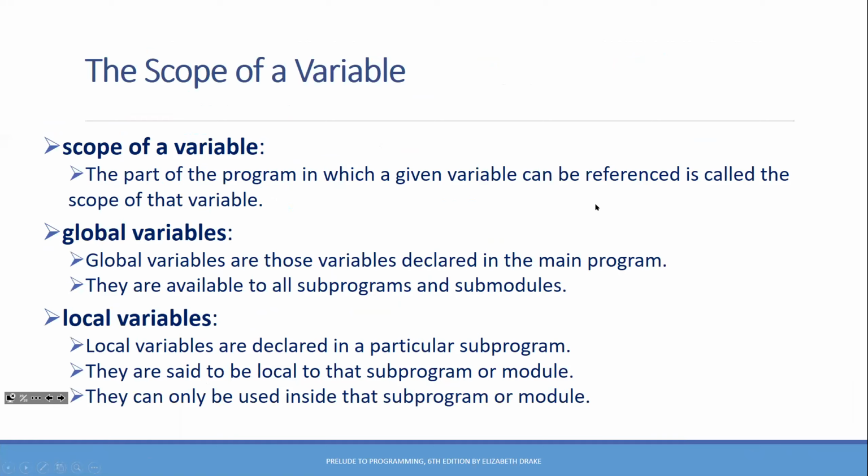Okay, so in variable processing, the scope of a variable is very important. We know that the scope of a variable depends on where the variable was declared or first referenced when we're using Python. If we're declaring global variables, those are usually declared in the main program at the very top.